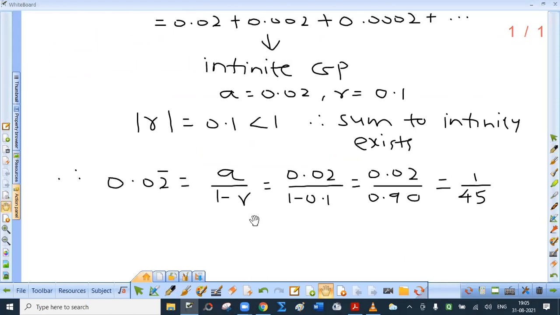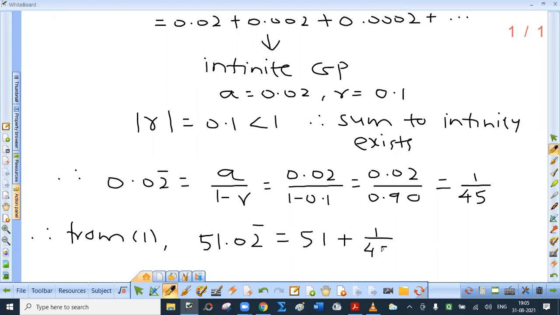I hope you are getting this. So from 1, 51.02 bar, 51 plus 1 by 45. Now tell me what is the answer.